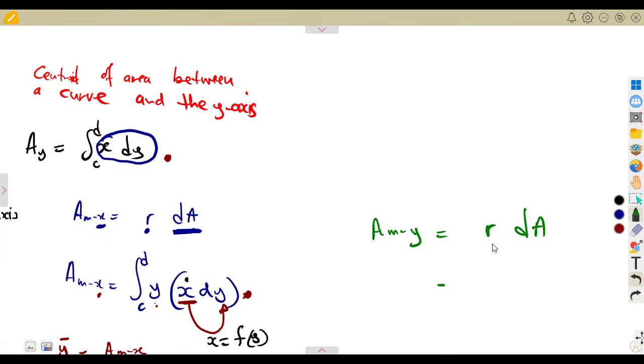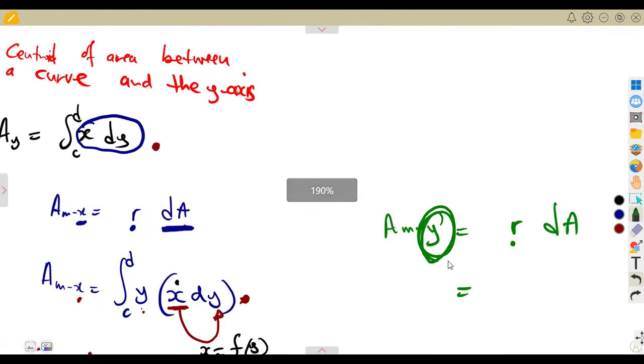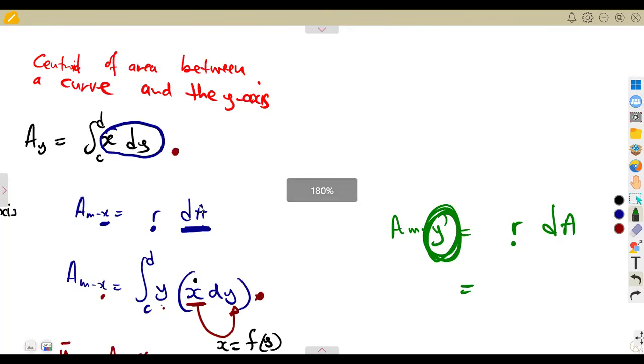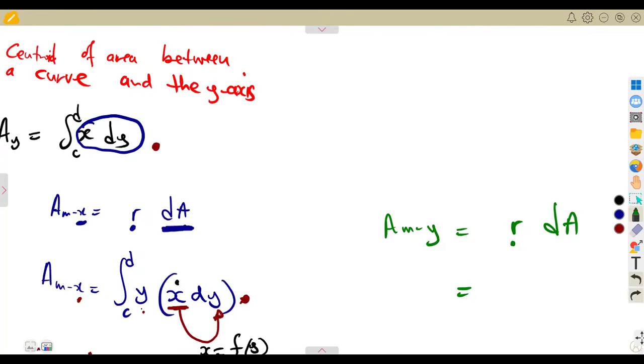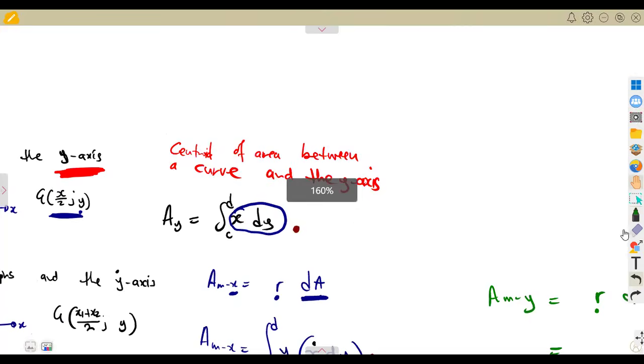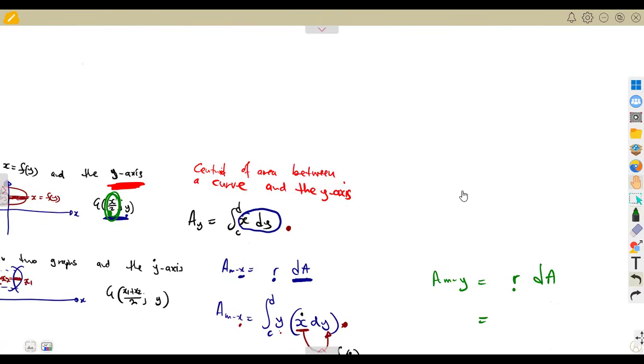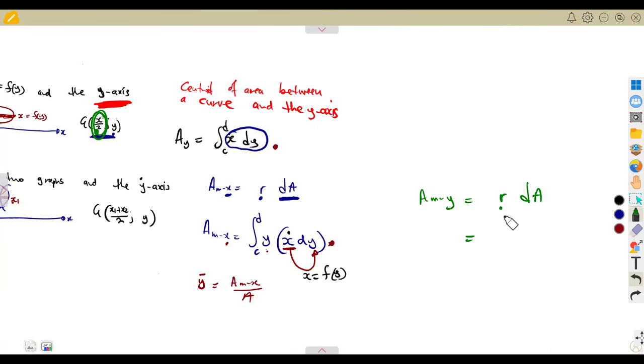But like I said, r depends on the distance from the y-axis. According to this centroid of ours, the distance from the y-axis is given as x over 2, like I said before. So we now write this as the integral of x over 2, not just x, but x over 2.